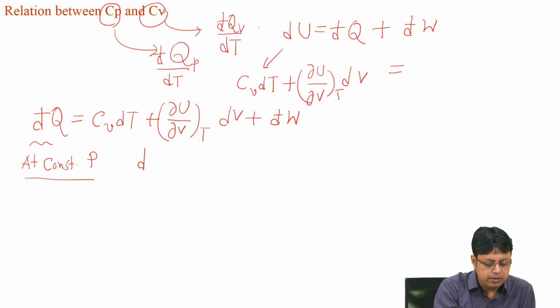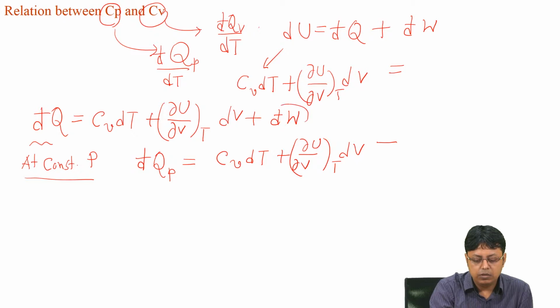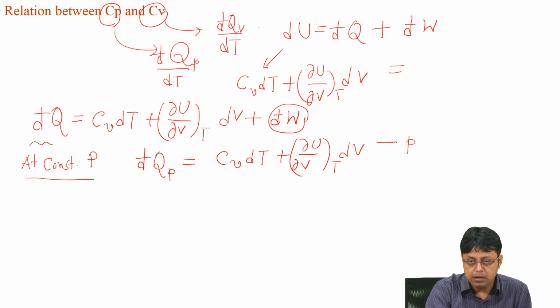I will have đq_P is nothing but Cv dT plus (∂U/∂V)_T dV minus, now the expression for đw is minus P_opposing into dV, but since it is a constant pressure process, P_opposing is nothing but P, which is pressure of the system.